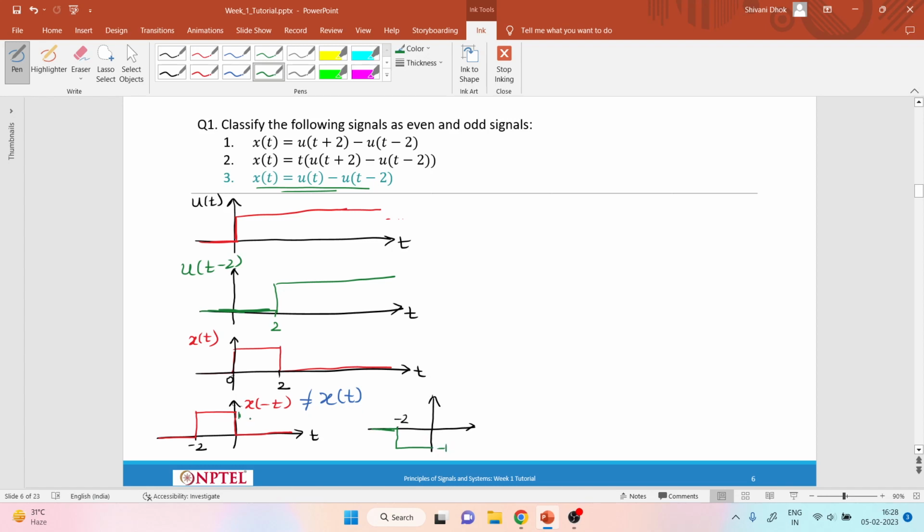This is 1, this is minus 1, and this is your minus of x of minus t. So again this is not equal to your x of t. So this signal here, x of t, which is u of t minus 2, is neither odd nor even.